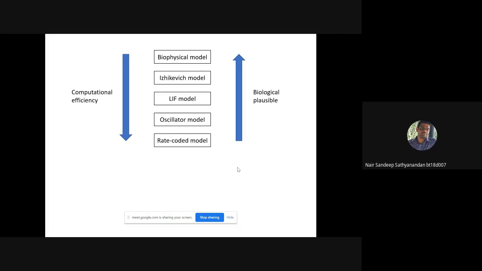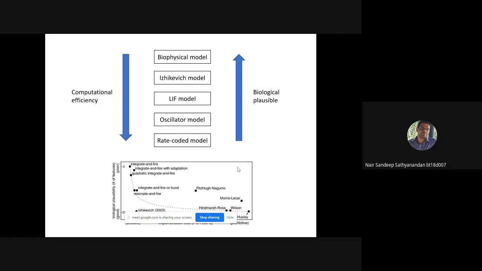Then the leaky integrate and fire and oscillatory models, which you have already seen, and the rate coded model is at the highest level of abstraction. And this is the implementation cost versus biological plausibility, with the various models mentioned there.